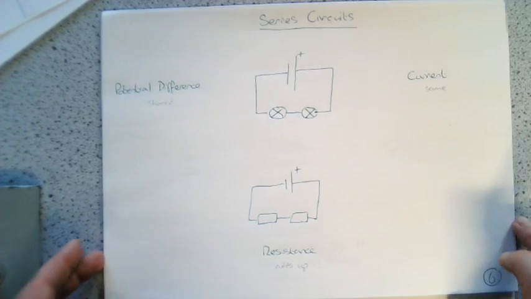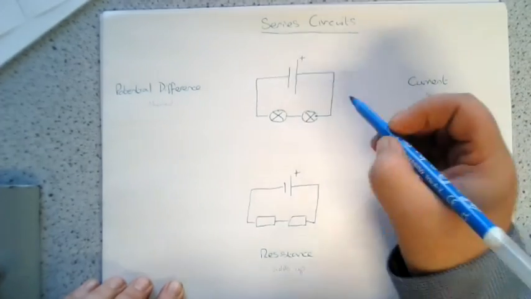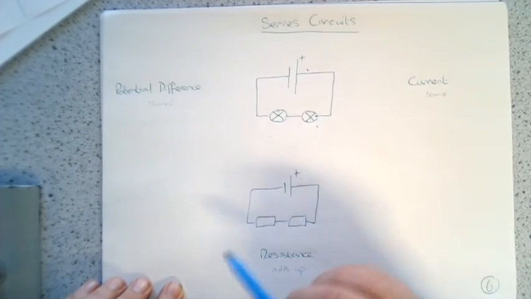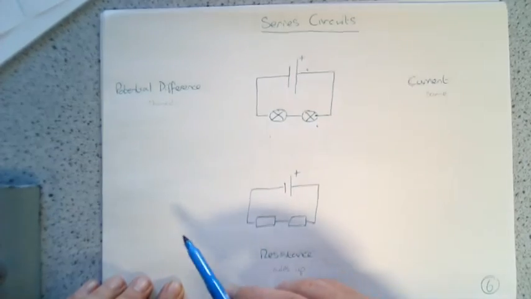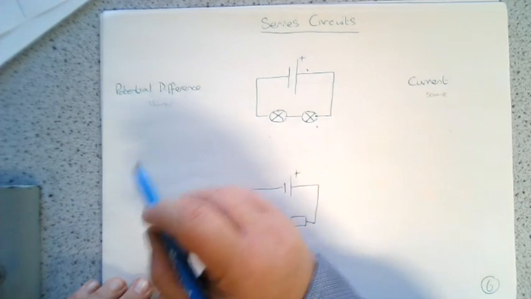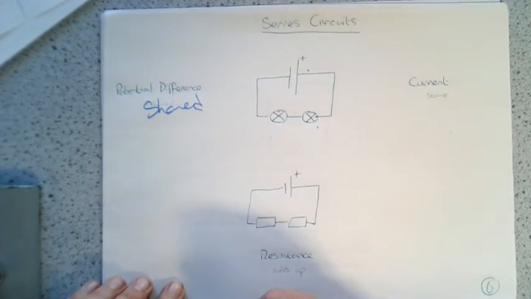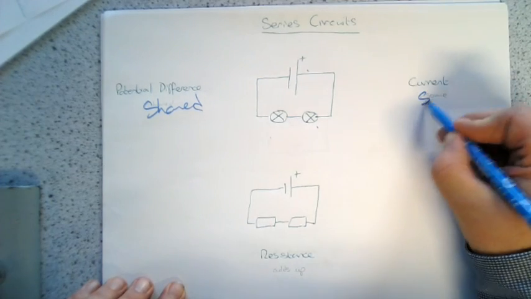Okay, so let's just remember some of the rules around series circuits. I've drawn you a series circuit here. Okay, I've got a cell and two bulbs. So let's just remember the key things. That the potential difference in a series circuit is always shared. Okay, whereas the current is always the same.